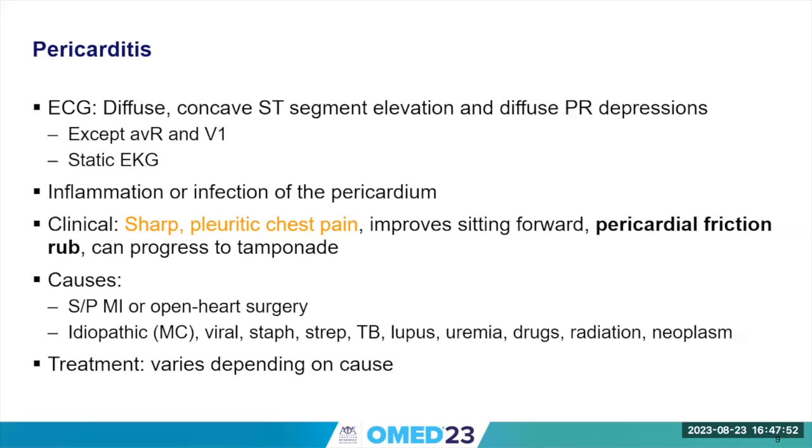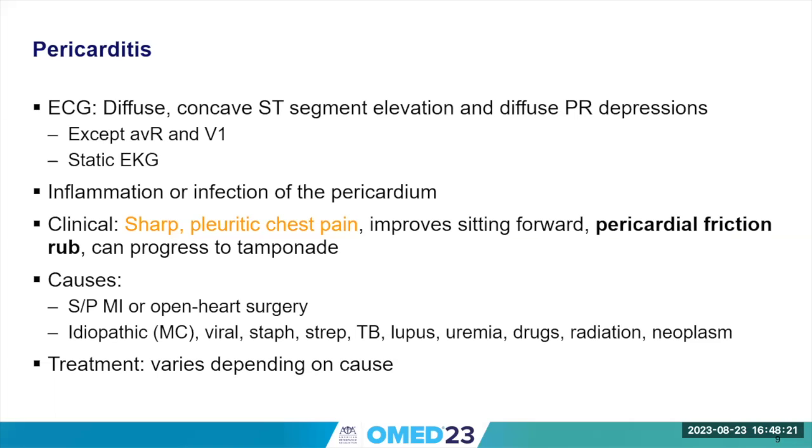I would love a show of hands if we were live to see how many people have heard or can hear a pericardial friction rub, but this would be a classic finding. Again, improves with the patient sitting forward. And you do need to worry that this can progress to cardiac tamponade. Overall, the causes of this, it can be status post an MI that we were talking about. It can also be status post open heart surgery, but it can also be caused by a lot of other things, including of course, idiopathic, but also viral.